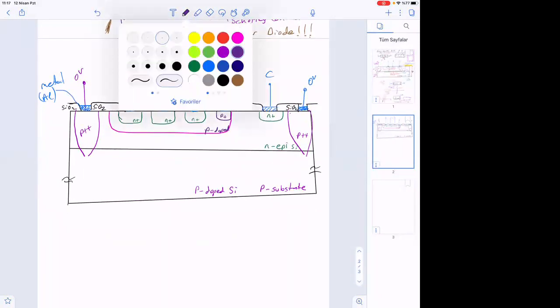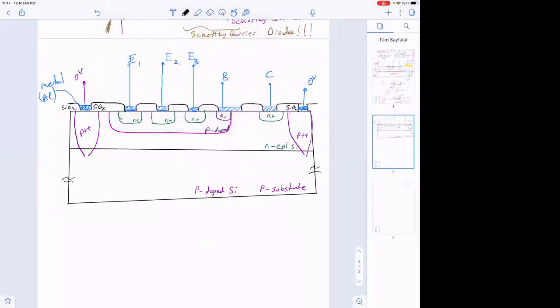So we formed a new type of transistor here. Collector, base, multi-emitter device. Emitter 1, emitter 2, and emitter 3. Okay. You can consider this to be, let's say, a device like this.